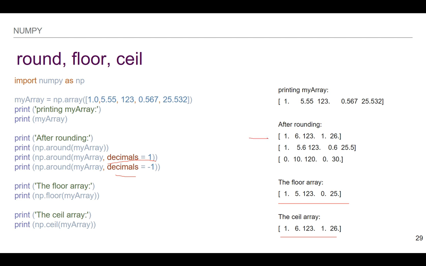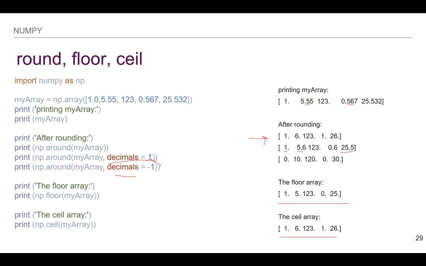At first, we just do the normal rounding. So 1, 6, 123, and 26. If you want to round to 1 decimal place, we have 1 decimal place, and 0.55 becomes 0.6, and this becomes 0.6, and this becomes 25.5.